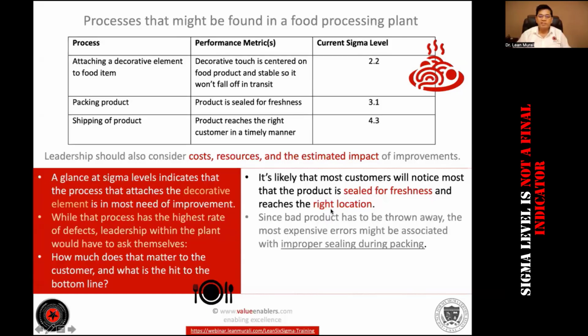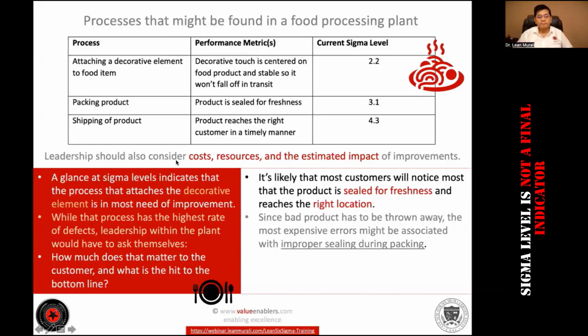Though 2.2 is a low sigma value, it does not have much impact on the bottom line, that is the profits, and it does not matter to the customers as much as a fresh product, and hence the sealing process has to be improved.